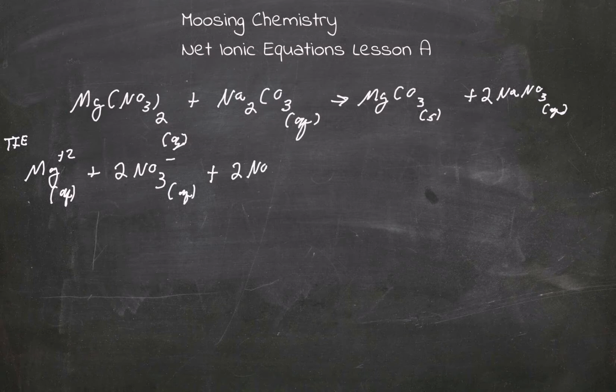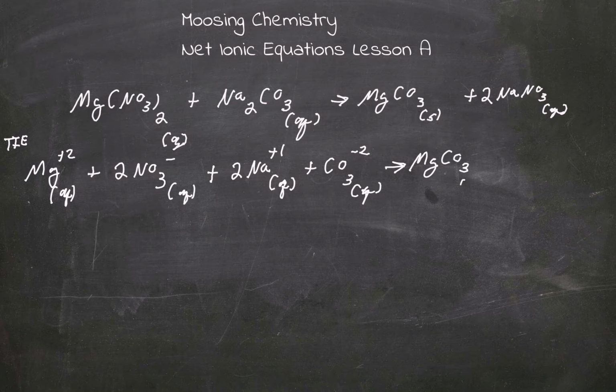This is 2Na+1 (aq) plus CO3-2 (aq) yields MgCO3 solid, we don't break that apart, plus 2Na+1 (aq) plus 2NO3-1 (aq).